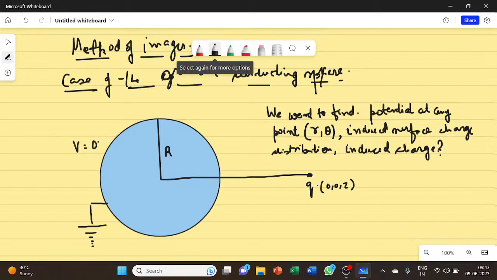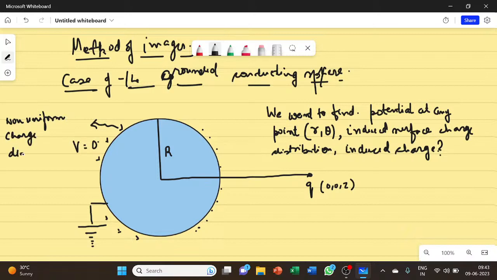It's quite obvious that if this charge q is placed here, there would be some negative charges which would be induced closer to it, and the positive charges will be driven to the farther end. So there would be some non-uniform induced charge distribution as a result of this particular charge q.